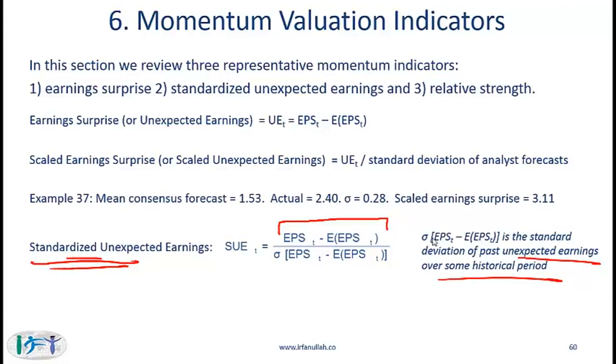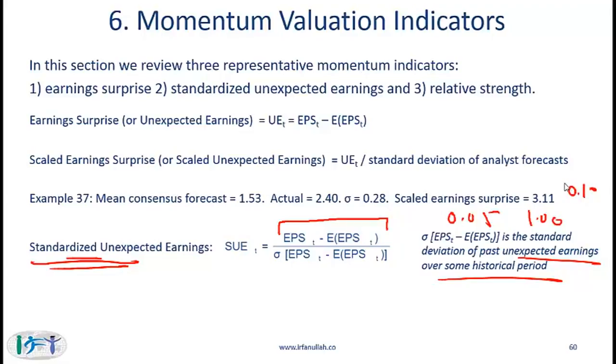So you might have a period of, say, 2 years, and over those 2 years you look at all the unexpected earnings for this particular company. It might be that last quarter the unexpected earnings was 0.05, the quarter before that it was 0.01, before that it was 0.10, and so on.